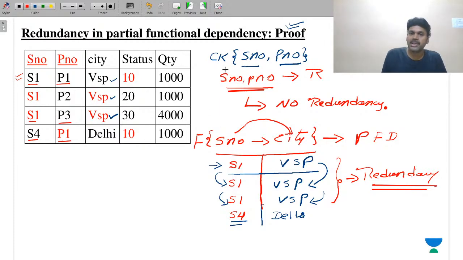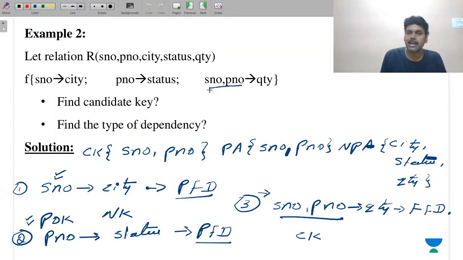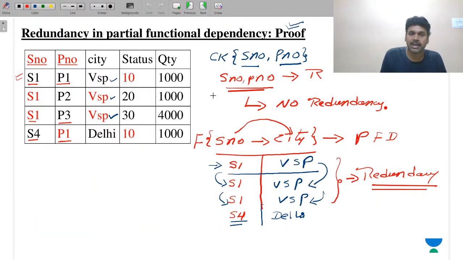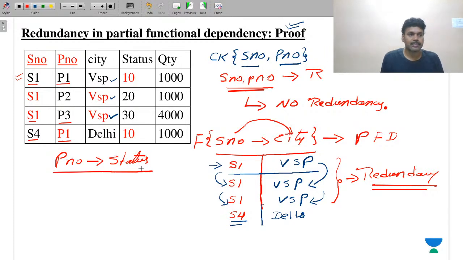Friends, one more dependency is also given in the previous example, that is PNO implies status. So we want to prove that PNO implies status. Please observe, what is PNO implies status? I have PNO. As long as PNO is unique, we don't mind.